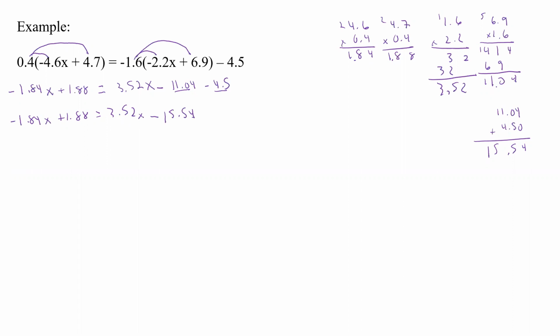All right. Well, I think I'm going to add 15.54 to both sides. And I'm going to add 1.84x to both sides. When I do that, those are gone, and over here that's gone. So now I can add those two together. So 8 plus 4 is 12, carry 1. 8 and 5 is 13, plus 1 is 14.